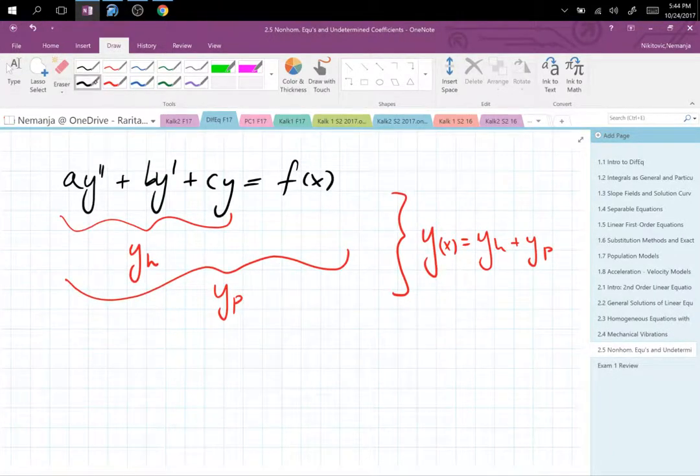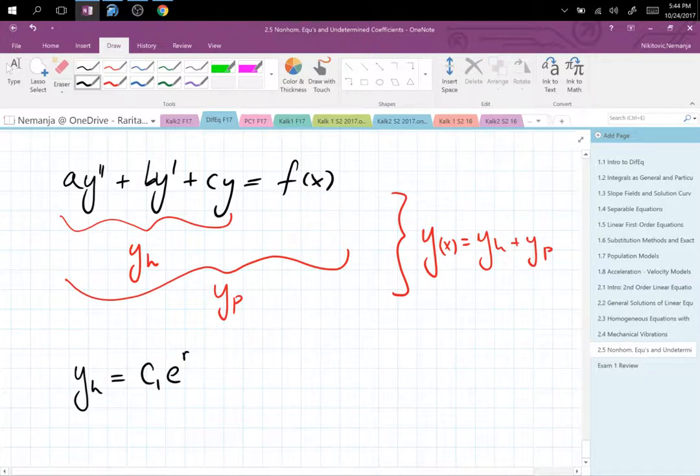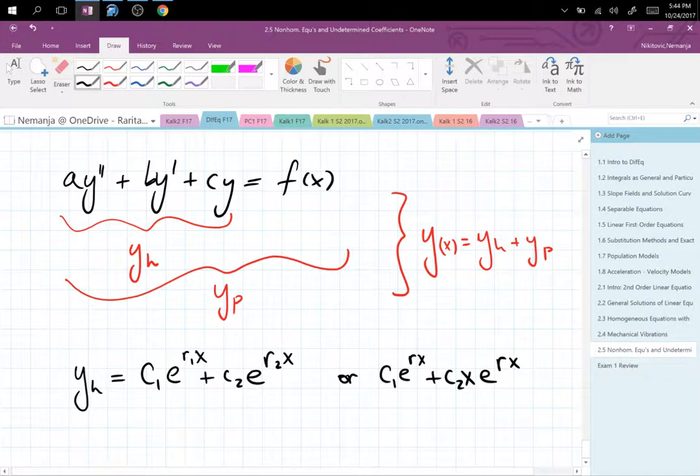So the problem now, which is to be solved by variation of parameters, will have y homogeneous, which would be c1 e to the r1 x plus c2 e to the r2 x, or c1 e to the rx plus c2 x e to the rx, or e to the ax times c1 cosine bx plus c2 sine bx.